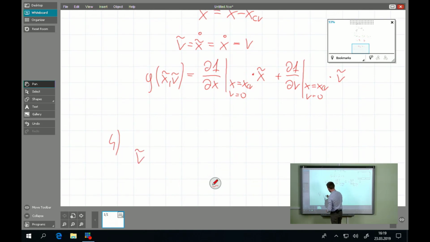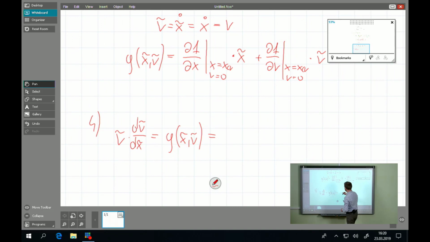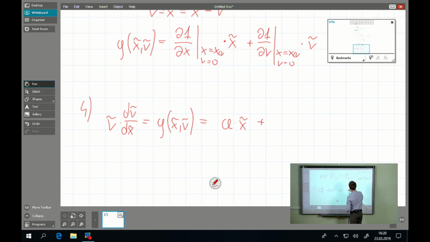It will be v tilde times dv tilde over dx tilde equals g of x tilde, v tilde, which can be expressed as, let's say, a times x tilde plus b v tilde.